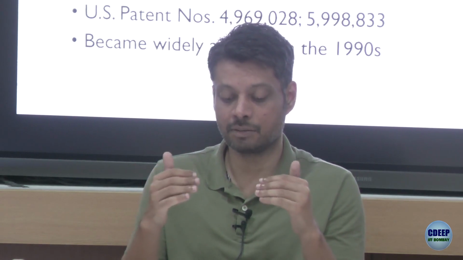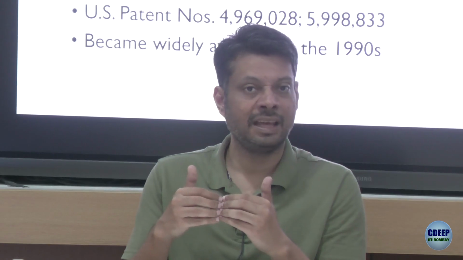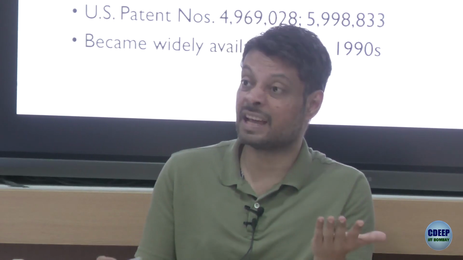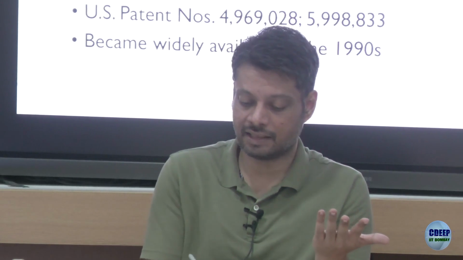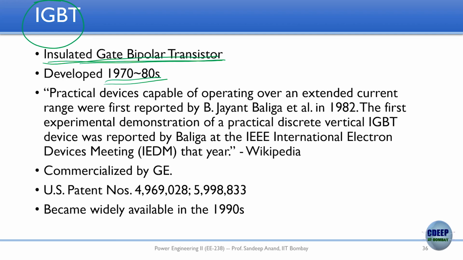Silicon power MOSFETs were not available for much higher voltages. That was in the late 60s, and then in the 70s to 80s, as per Wikipedia, B. Jayant Baliga et al. reported in 1982 the practical device capable of operating over an extended current range, which is an IGBT, the first experimental demonstration of a practical discrete vertical IGBT device.